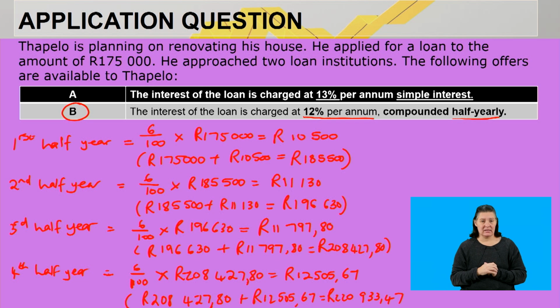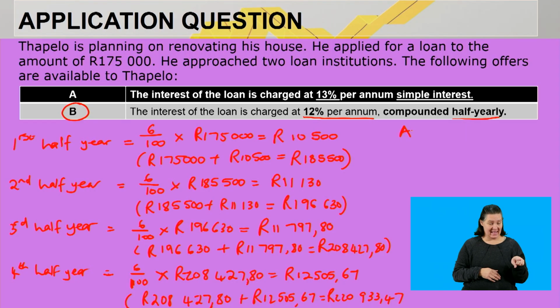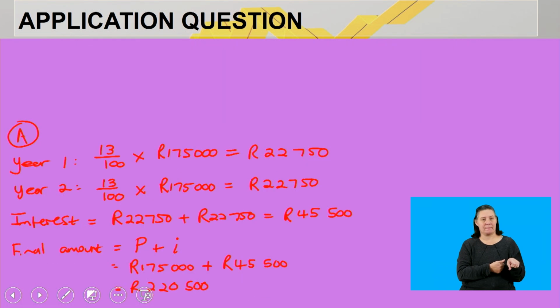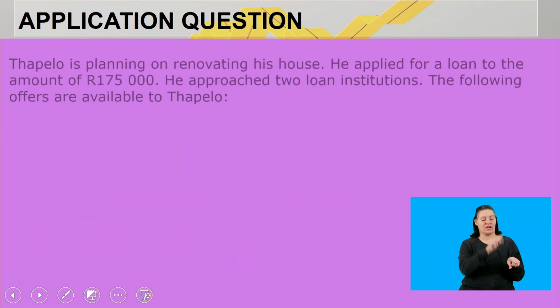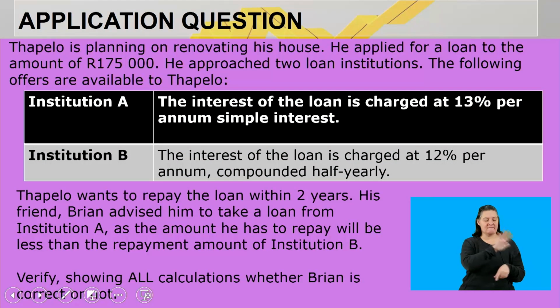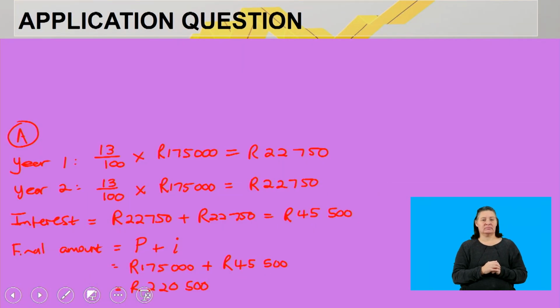Okay, but guys, please note, we are not yet done with our question. We need to tell which one is best. Remember, we said option A, we need to pay back, and let me quickly just double check what that answer is. There we see it's 220,500 rand, right? So I'll go back and you see 220,500 rand.